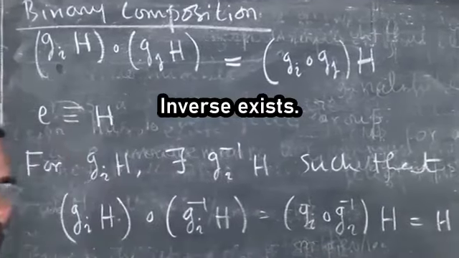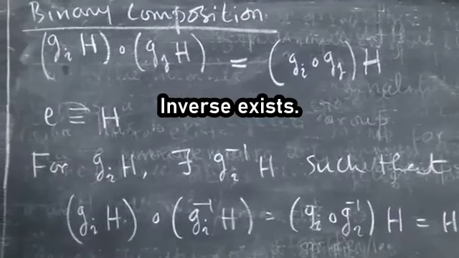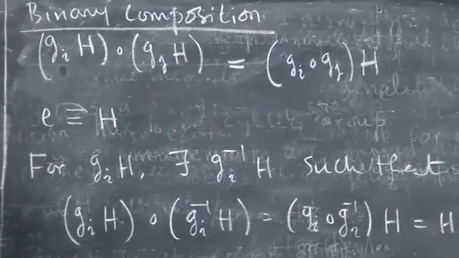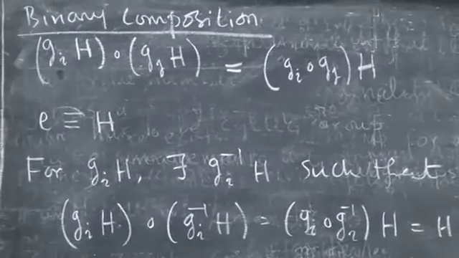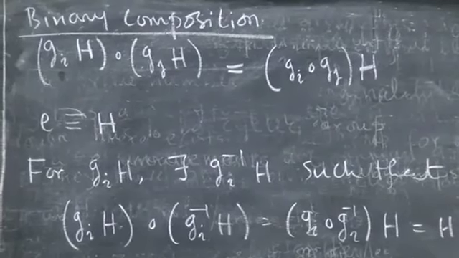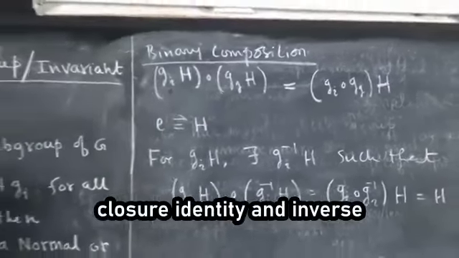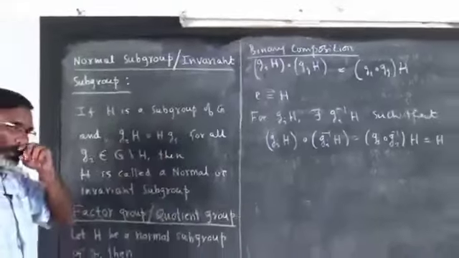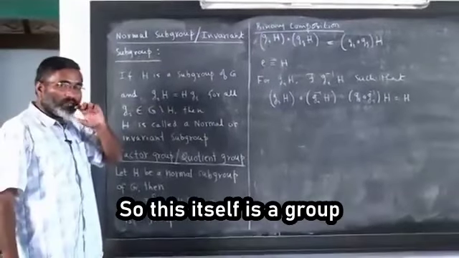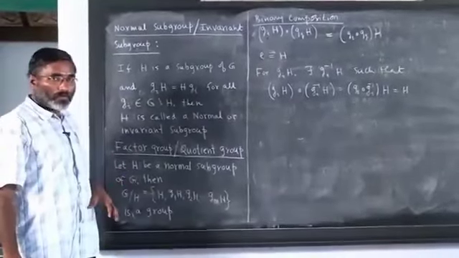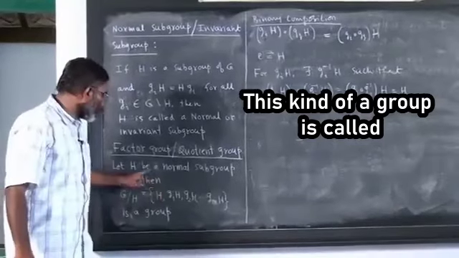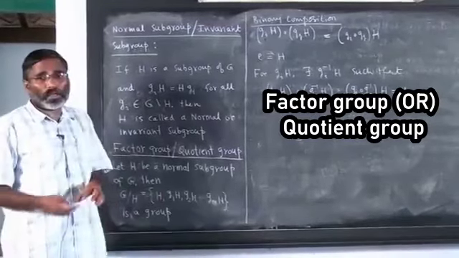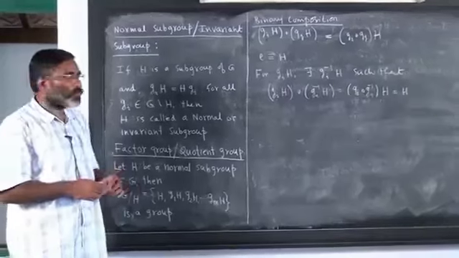So that is equal to H. So inverse also exists. So we have shown all the group axioms. Associativity is a kind of import of associativity of G, closure, identity and inverse. So this itself is a group. This kind of group is called a factor group or a quotient group.